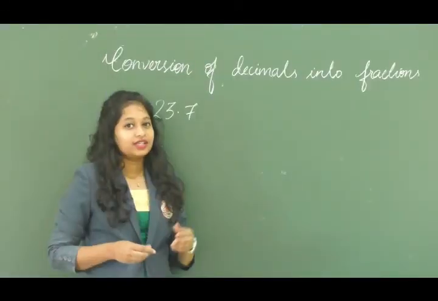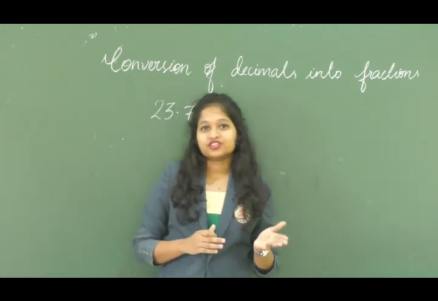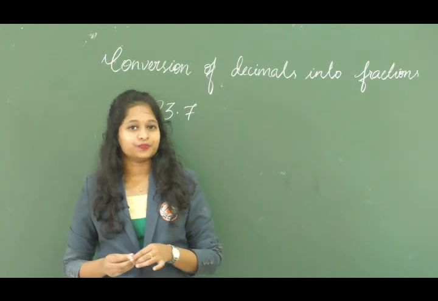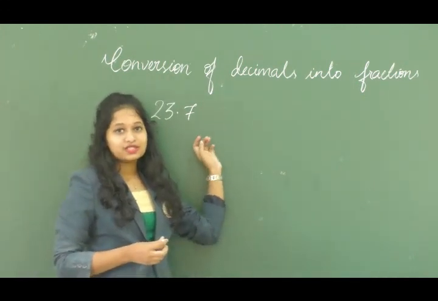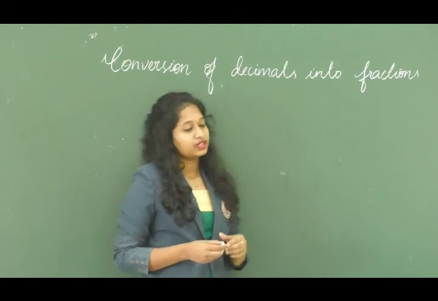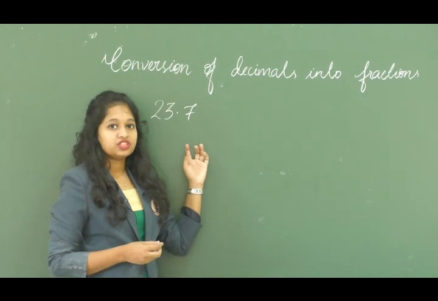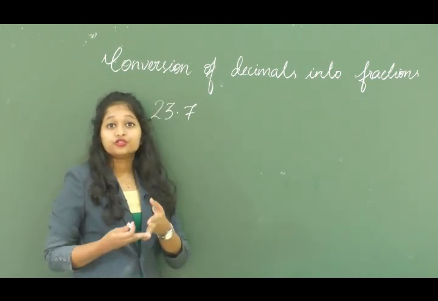Okay? In the beginning of the video, I told that there is a relation between decimals and fractions, right? So now let's learn how to convert decimals into fractions. I have a decimal number here, 23.7. Now how to convert this into fractions?